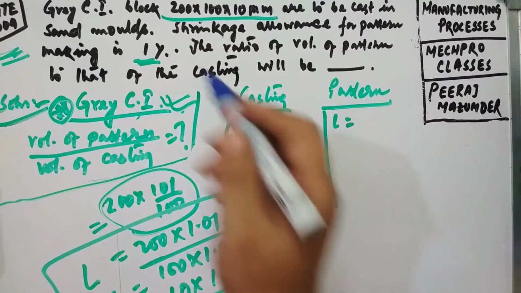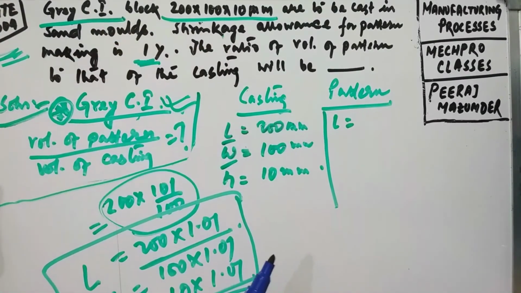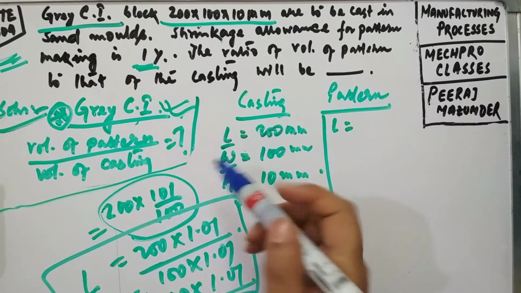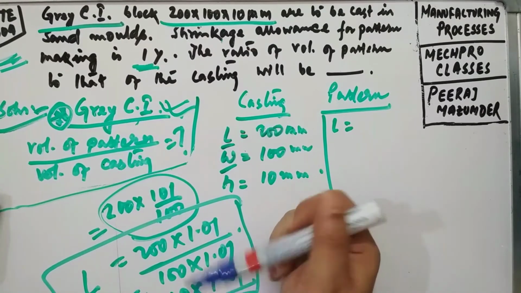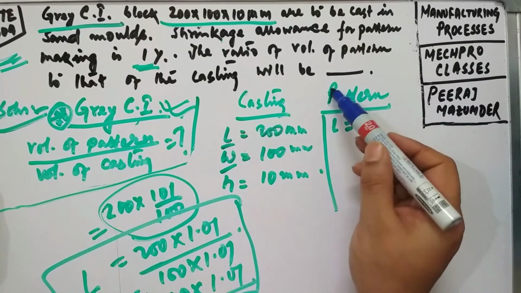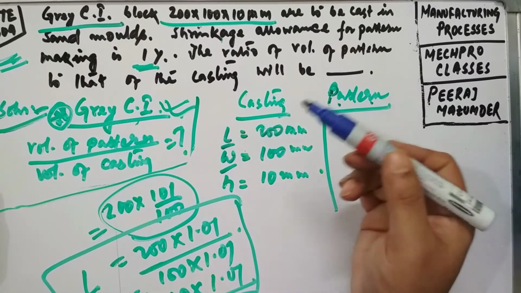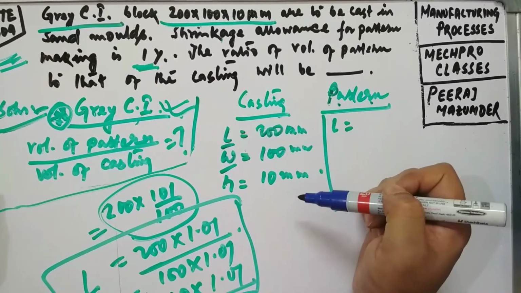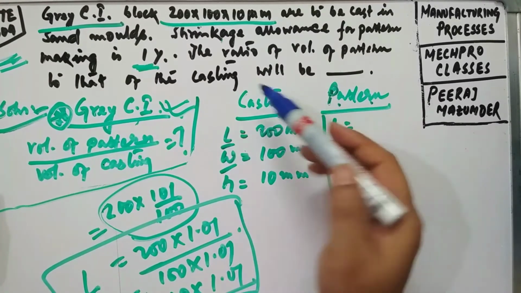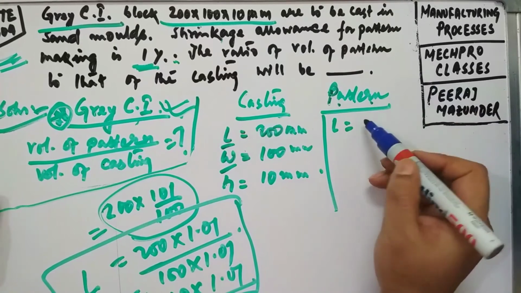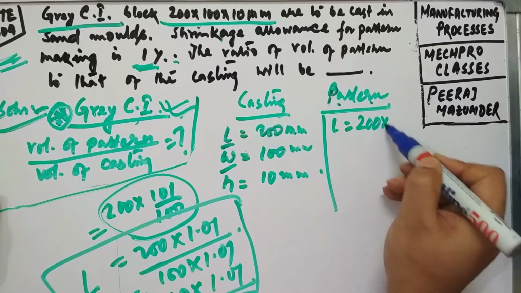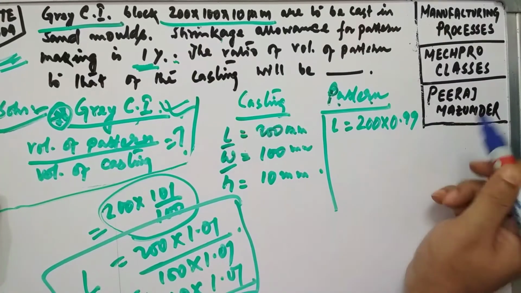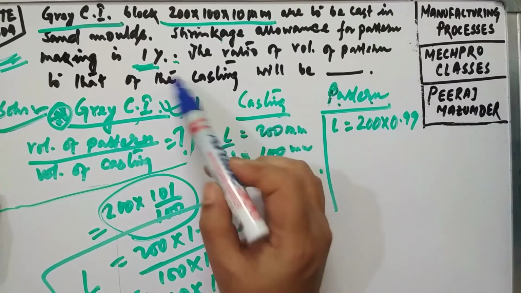But in this particular problem, this is a special type of problem. They have given grey cast iron. We have to keep in mind that we have to produce the pattern in smaller size. That means we have to minus this 1%. So it will come around 200 into 0.99. You are getting my point? So you have to minus 1%.